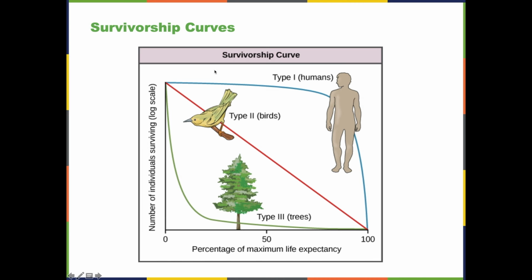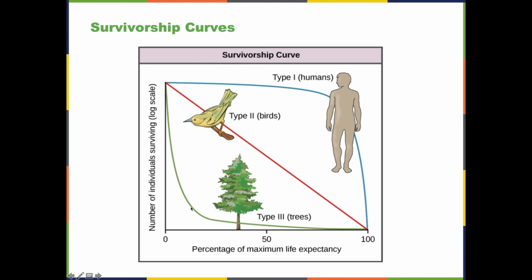And this is usually characteristic of organisms that have few children and take care of their young, so their young survive. Then on the opposite end of the scale, we have this example of a tree, which produces a lot of young.